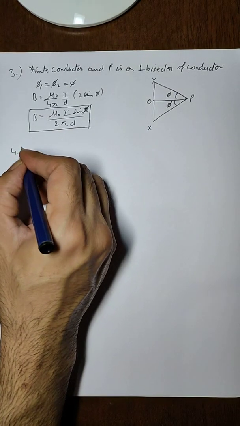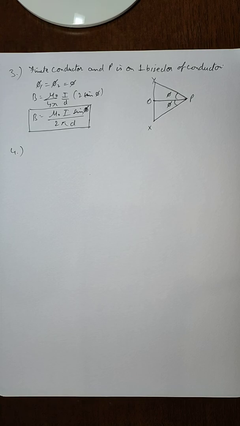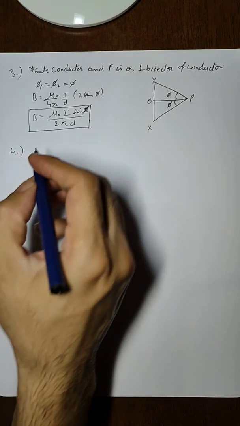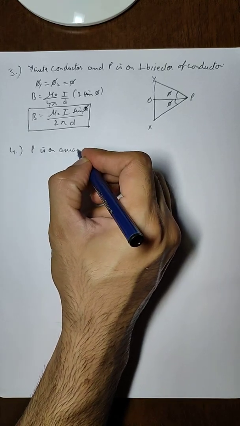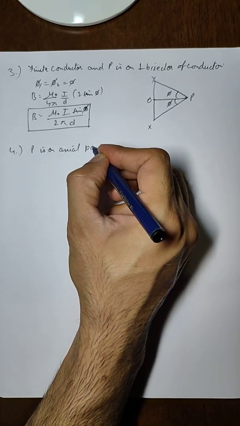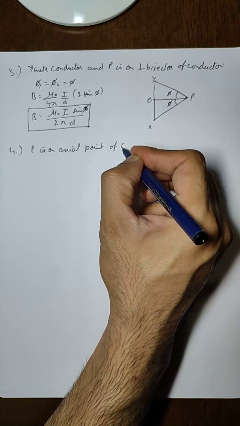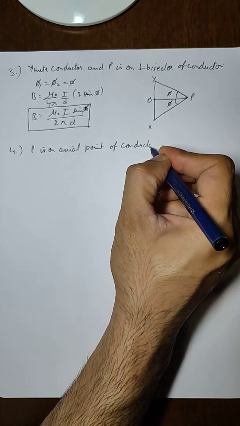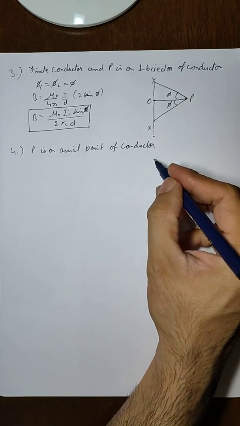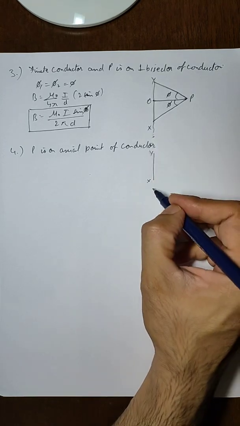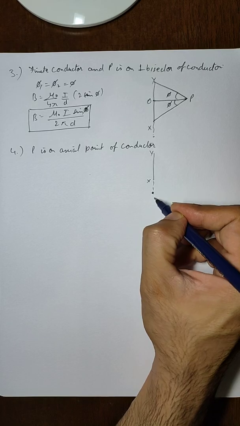Now the last special case is that point P is on the axial point of the conductor. Axial point means this point P is on the line of the conductor. So if this is a conductor XY, then point P is here in the straight line.